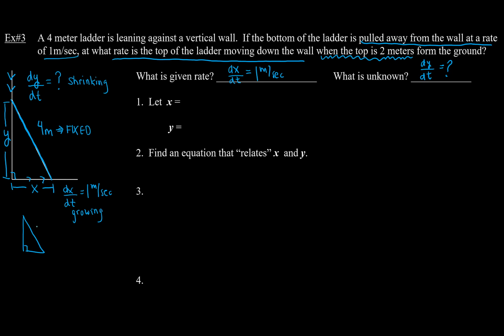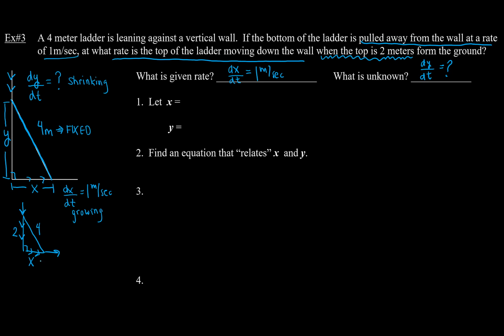At this picture in time, I've got 4 meters. x is an unknown, and they're looking for when y is 2. So I can use the Pythagorean theorem to figure out what x is at this moment in time. I always think of this as a snapshot in time, okay? Because if I took a picture at any other time, these values would be different because the ladder's going down and it's sliding out.